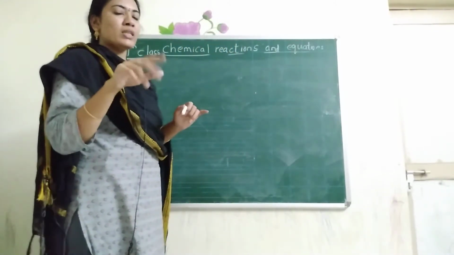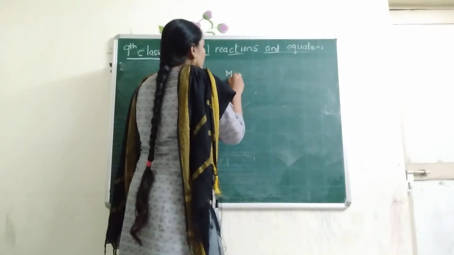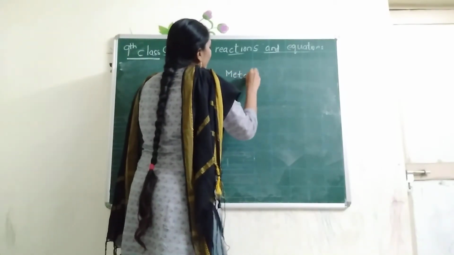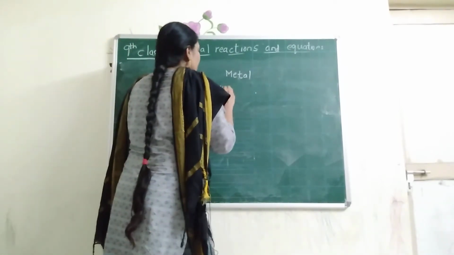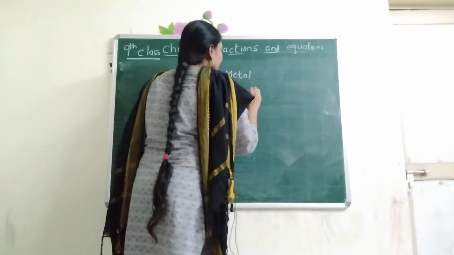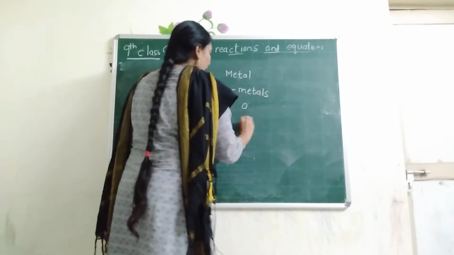This tip is used in the second step. What is that tip? First you have to balance the metals, and then you have to balance the non-metals, and then oxygen, and then hydrogen.